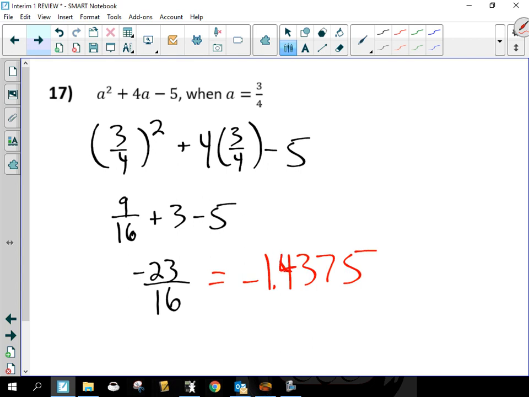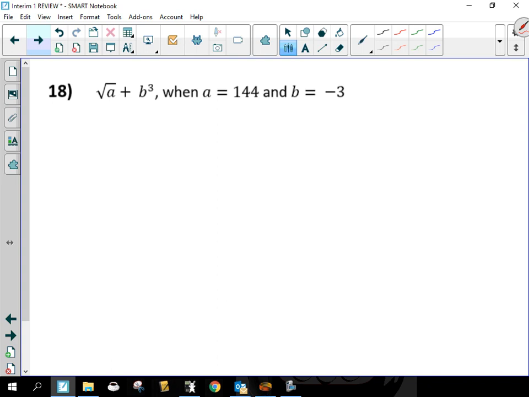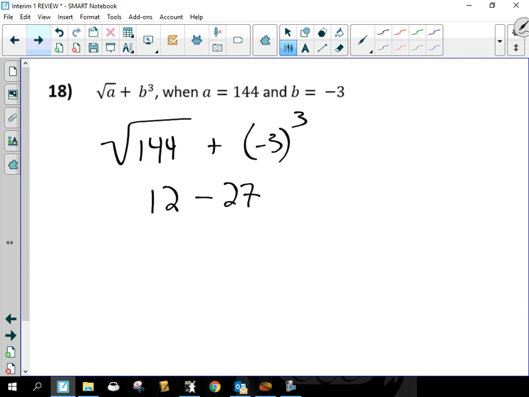For number 18, this is the square root of 144 plus -3 cubed, which will be 12 minus 27, which is -15.